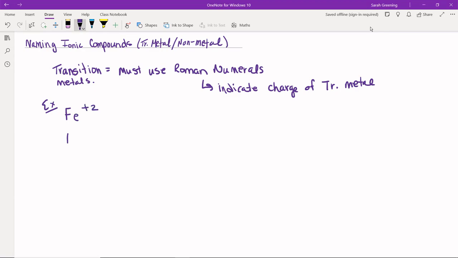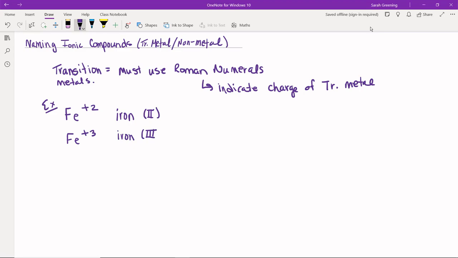You could also have iron plus 3. And if you have either of these, you must use a Roman numeral. And the Roman numeral indicates the charge. So iron plus 2, you use the Roman numeral for 2. If you have a plus 3, then you use the Roman numeral 3.